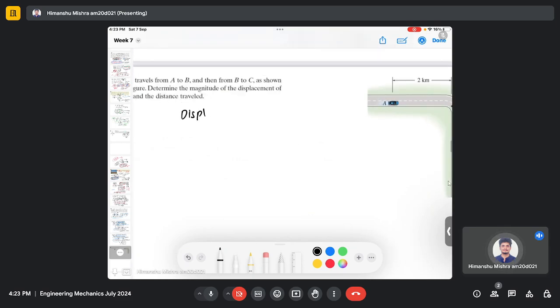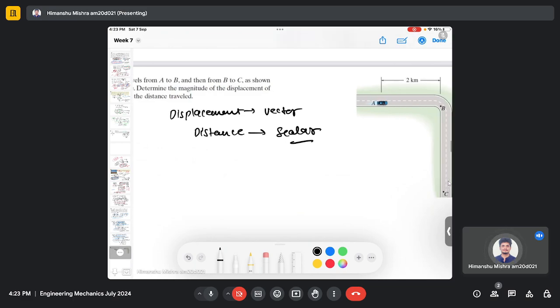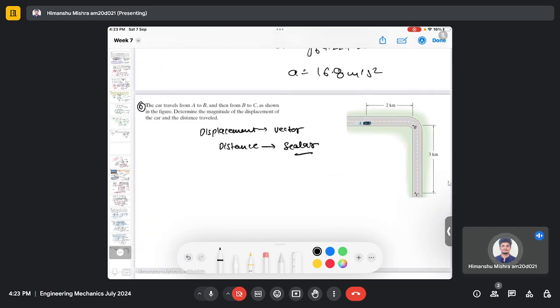The displacement is often written as a vector quantity and the distance as a scalar quantity. So the question is: the car travels from A to B and then B to C as shown in the figure. Determine the magnitude of displacement and distance.